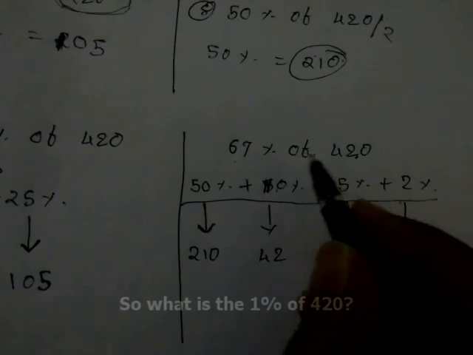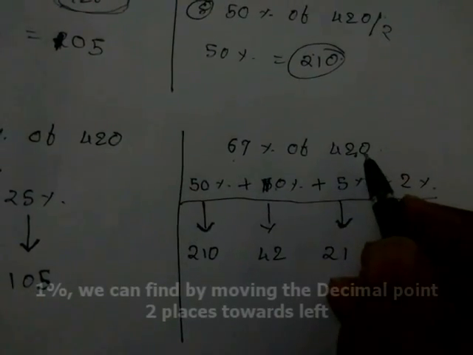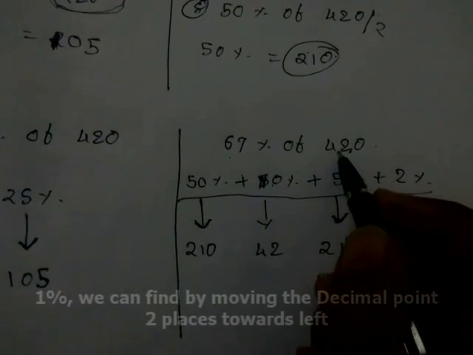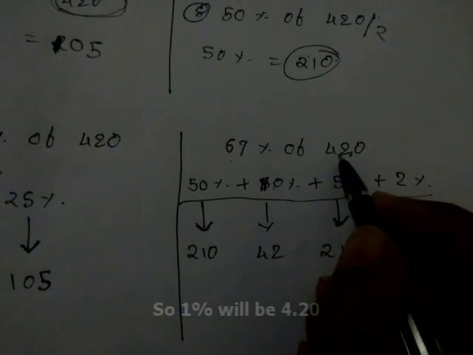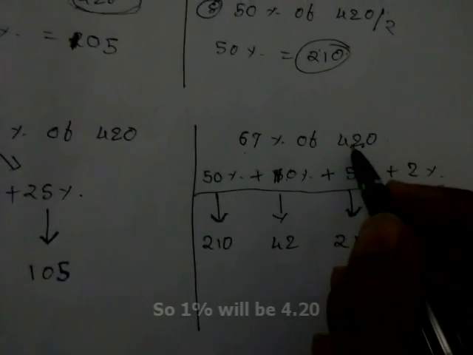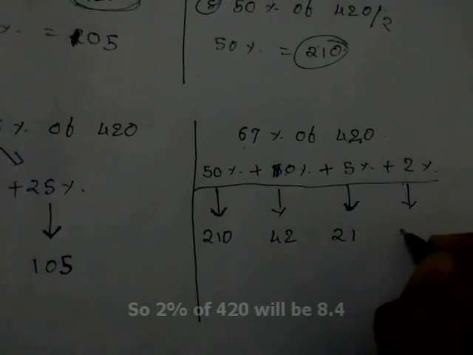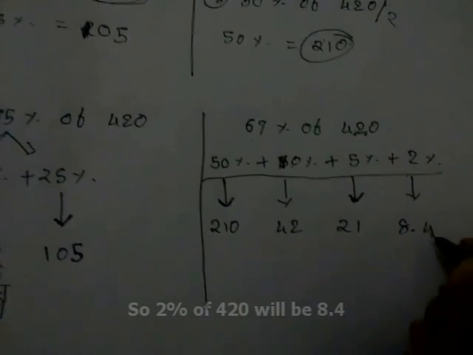So what is the 1% of 420? 1% we can find by moving the decimal point two places towards left. So 1% will be 4.2. By doubling it, it will become 8.4. So 2% will be 8.4.